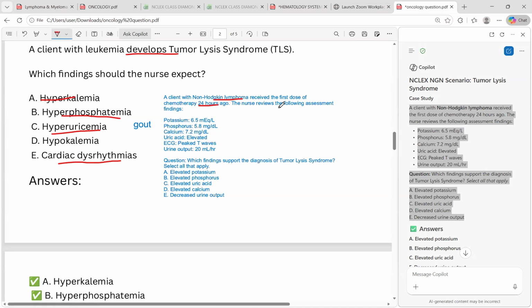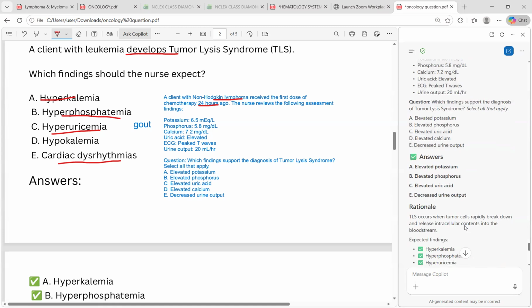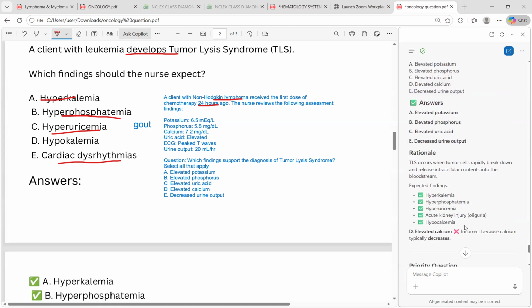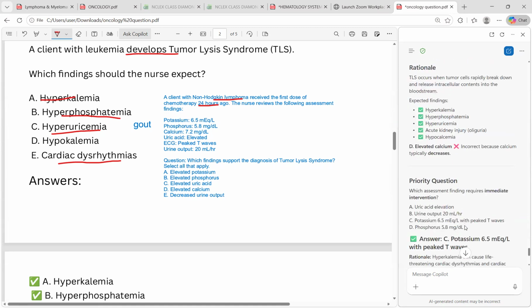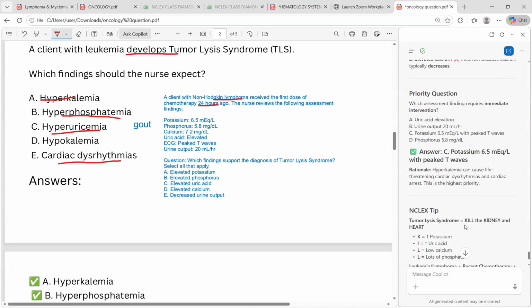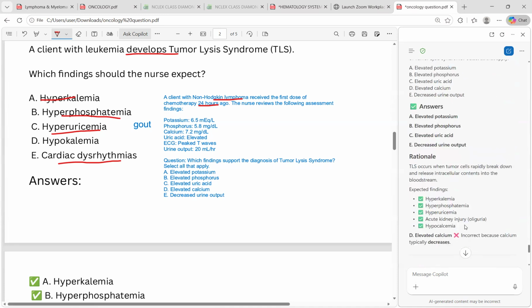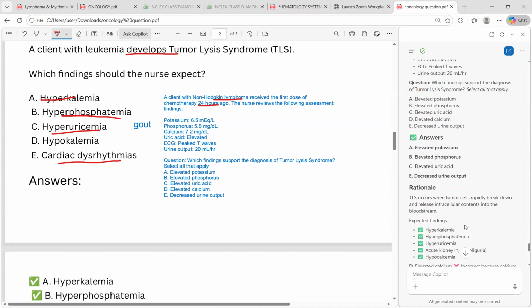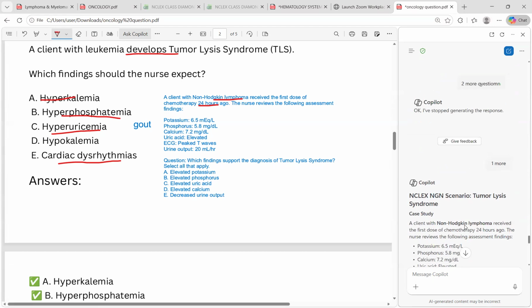ECG peaked T wave. Urine output is 20 ml. Which findings support the diagnosis of tumor lysis syndrome? Select all that apply. Elevated potassium, elevated phosphate, elevated uric acid, elevated calcium, decreased urine output.